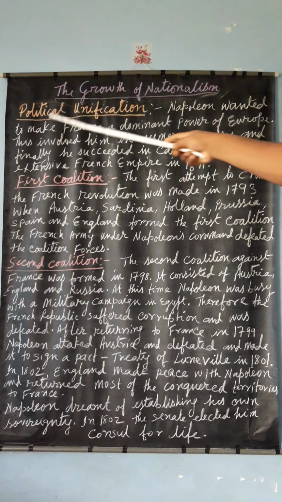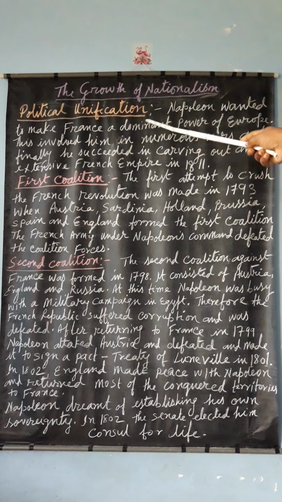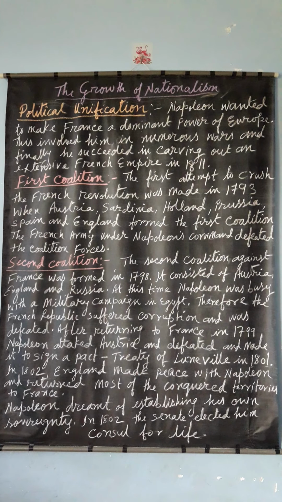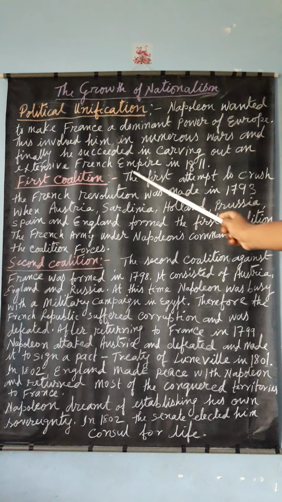Napoleon wanted to make France a dominant power of Europe. This involved him in numerous wars, and finally he succeeded in carving out an extensive French empire in 1811.